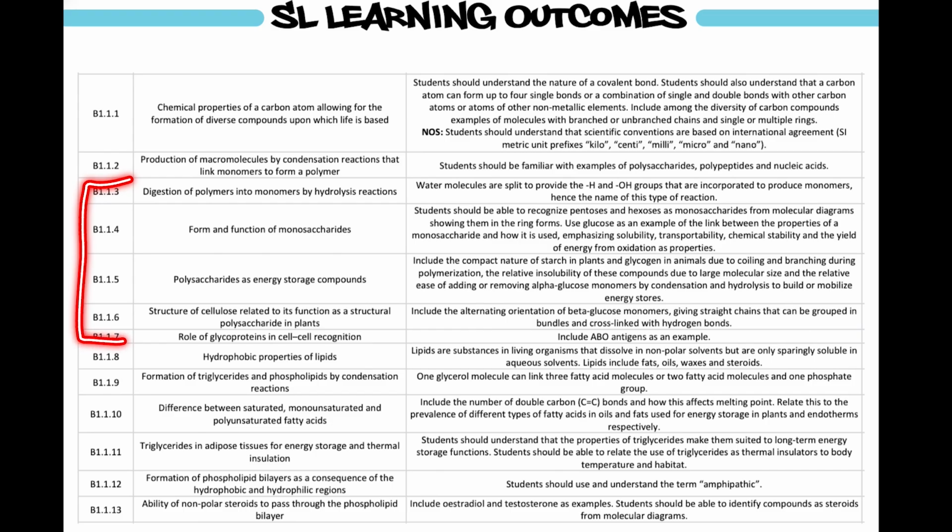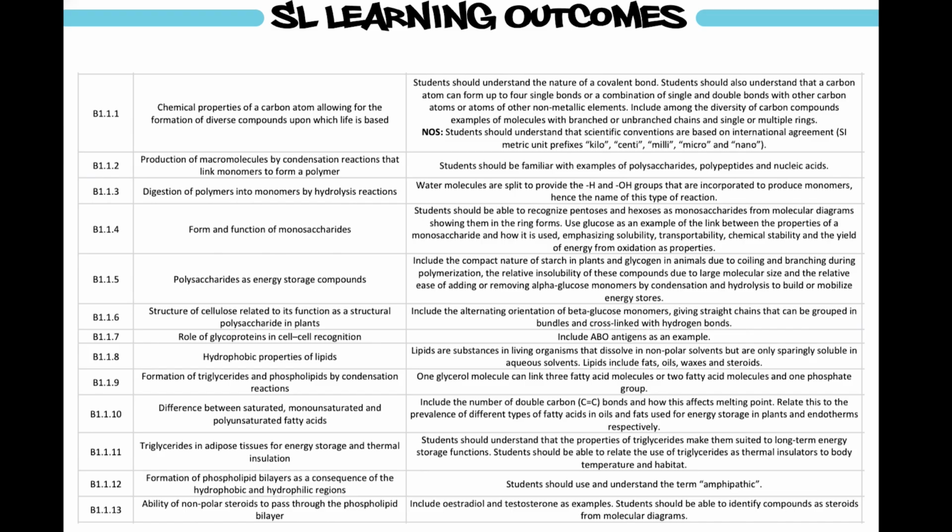This had all to do with carbohydrates. This had all to do with lipids. So with respect to carbohydrates, we first looked at the form and function of monosaccharides, or the building block of all sugars, and that led into polysaccharides and what makes them such good energy storage molecules. And we mainly explored that for glycogen, amylose, and amylopectin.